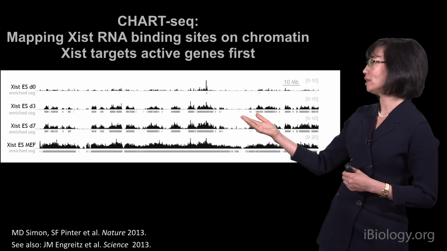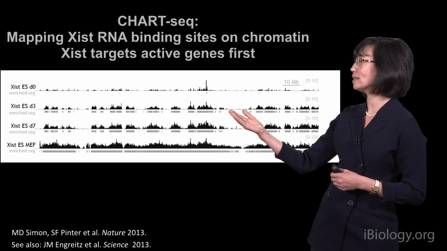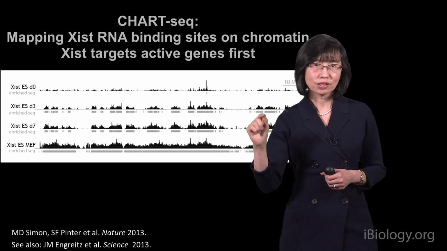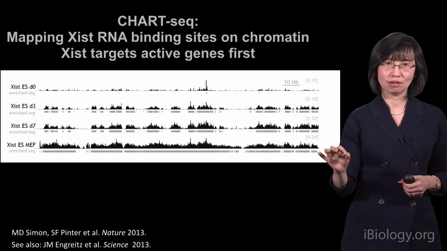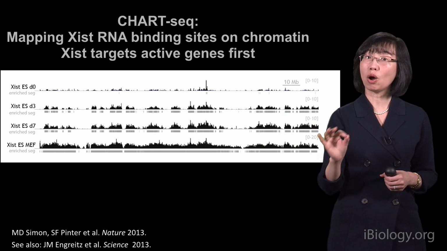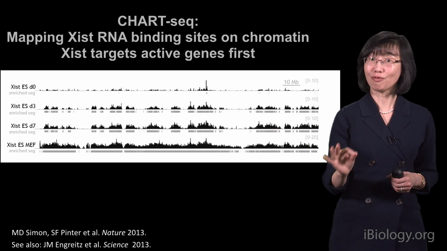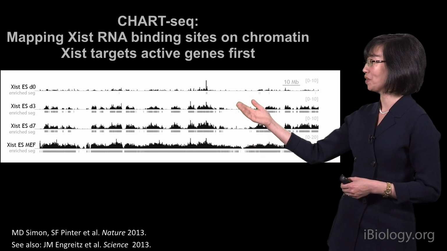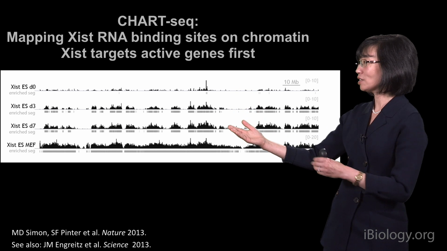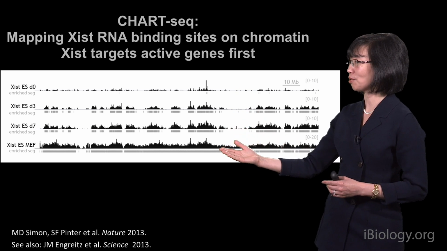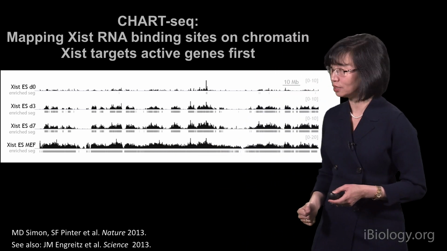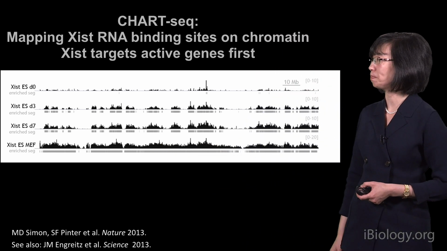And the other thing we found out from this experiment is that Xist is first going to gene-rich regions, and in particular, it's going to active genes, exactly the genes that it ought to be attacking first, if we're talking about silencing of an entire chromosome. And then eventually Xist spreads over the entire X chromosome until it essentially covers the entire 166 megabase chromosome.